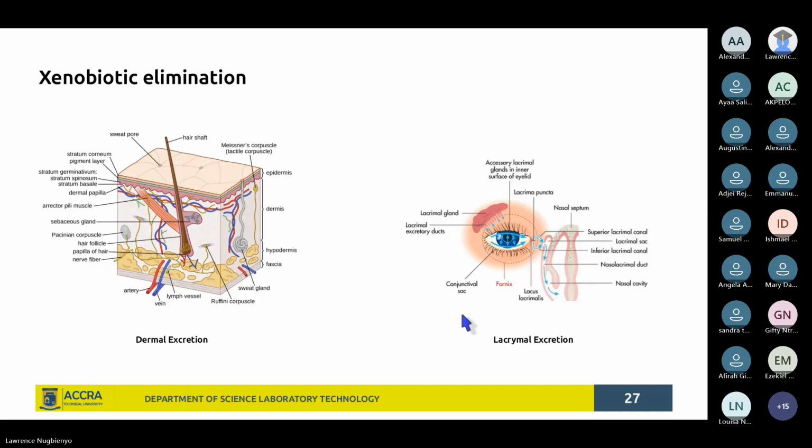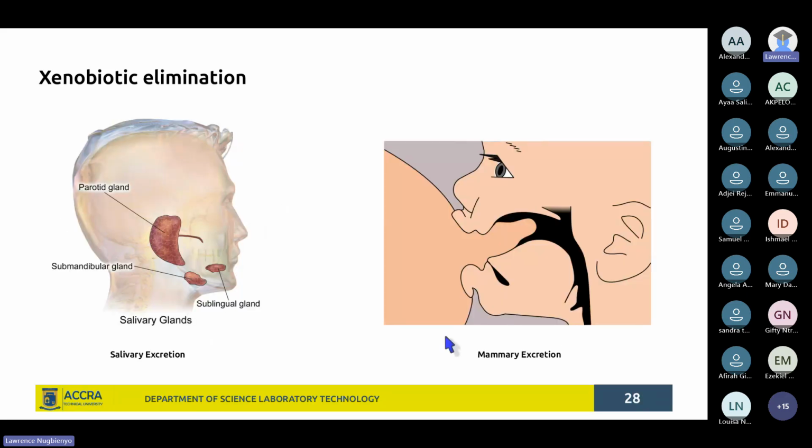All right. And then I think this should be the last one: salivary excretion and mammary excretion. Some substances also get excreted with saliva, the metabolites or the substances themselves.